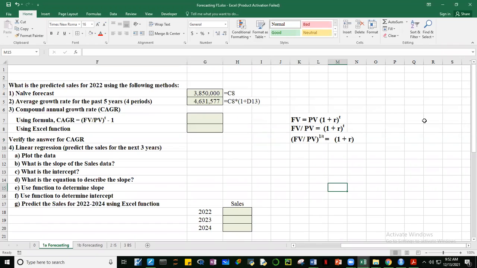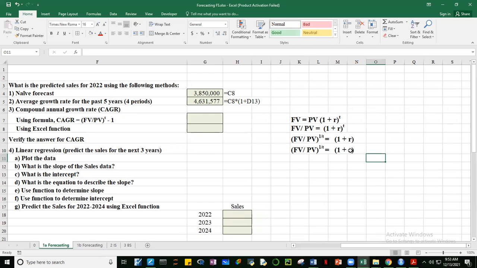So that cancels your exponent. And then you now have just this 1 plus r on the other side, so we just transpose the 1 to the other side.